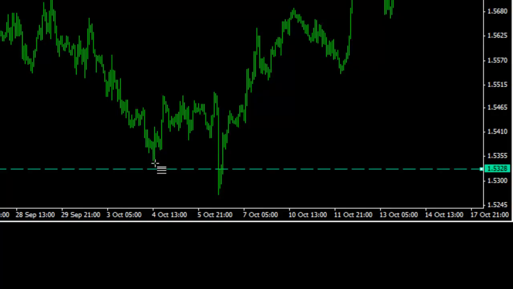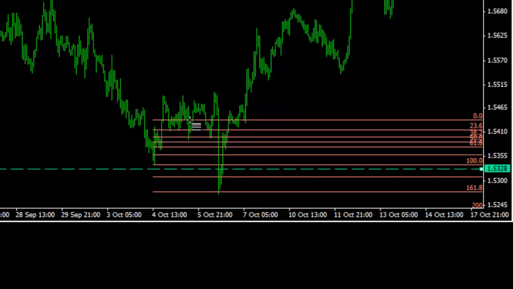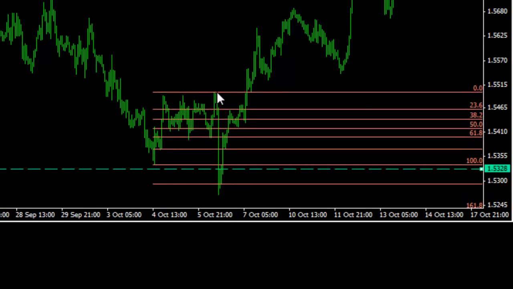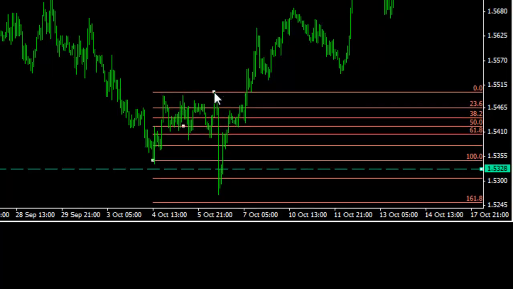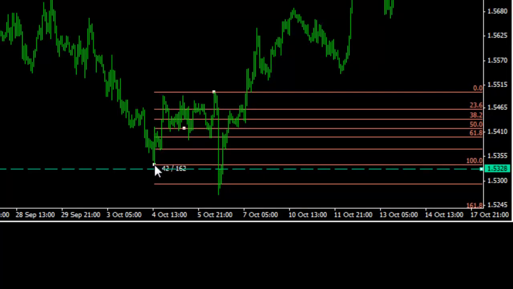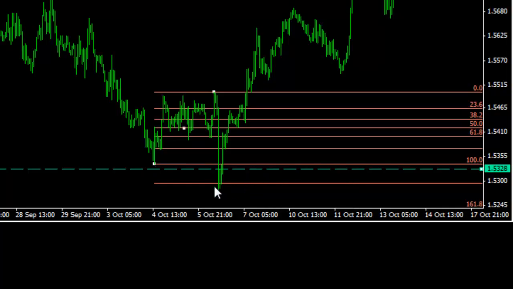You take the low prior to its move down up to the high, and here's the 127 extension. So I'm going to be buying the 127 extension with the premise in mind that the optimal trade entry may not form over here.